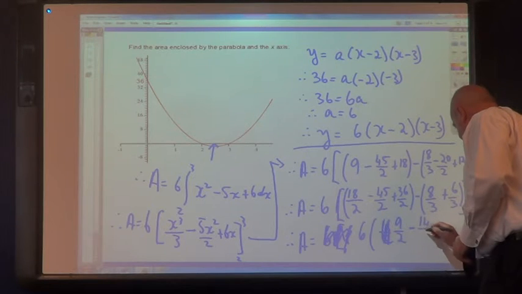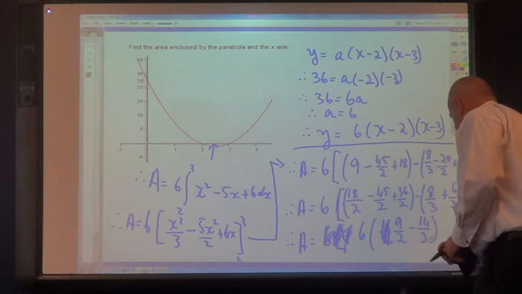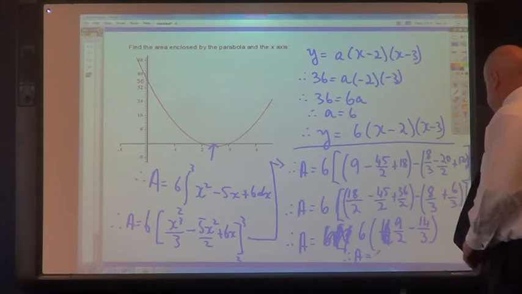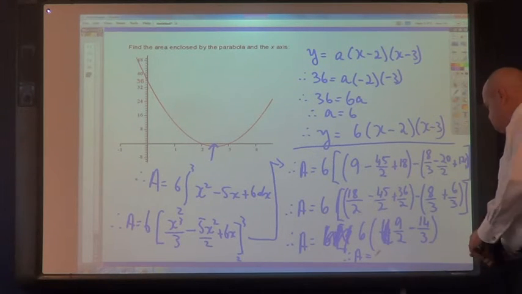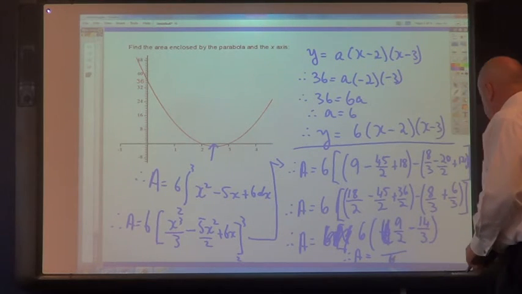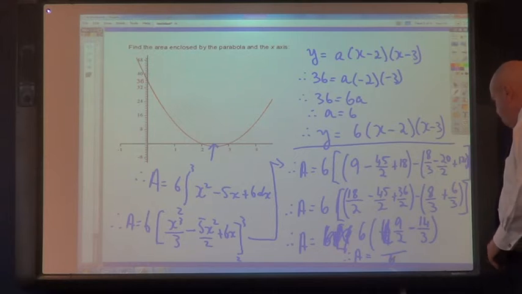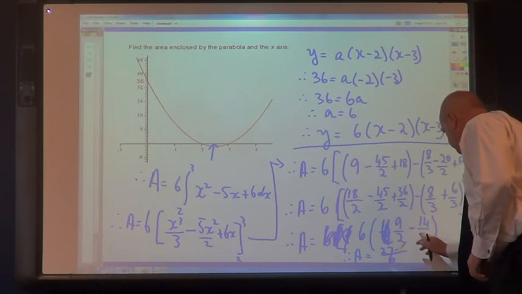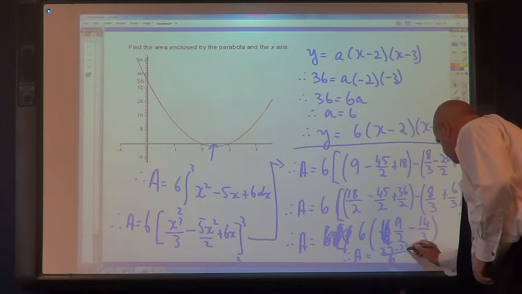Running out of room, so you might have to do a bit of work on this. Let's convert these to sixths, that's the common denominator. Times that by 3 gets to 27, times that by 2, 28.